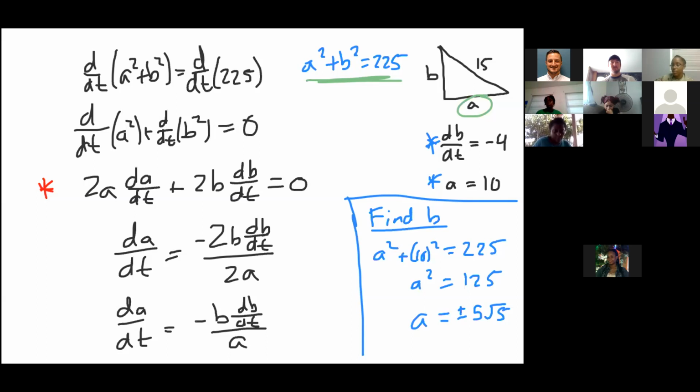It has to be the positive, right? Because we're talking about distance away from the wall. It doesn't make necessarily sense, physical sense, to have a negative distance, right? Distance is always a positive value, so a has got to be the positive 5 square root of 5. And I just need to plug all of this information in.